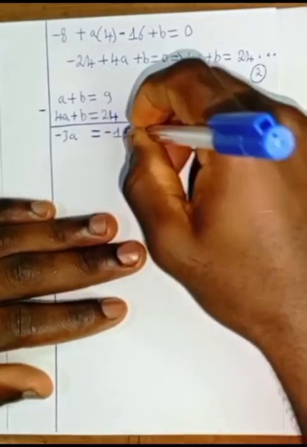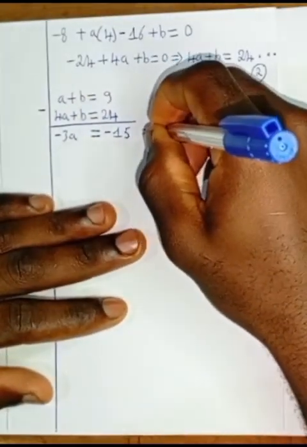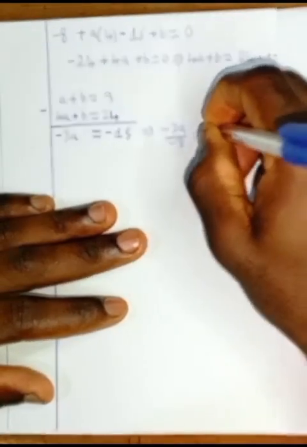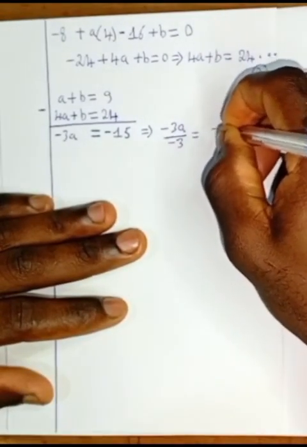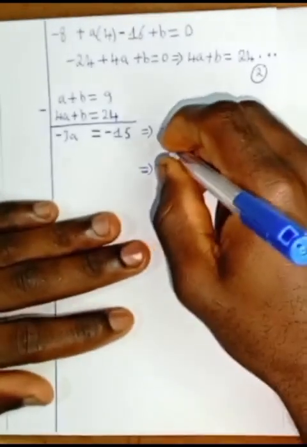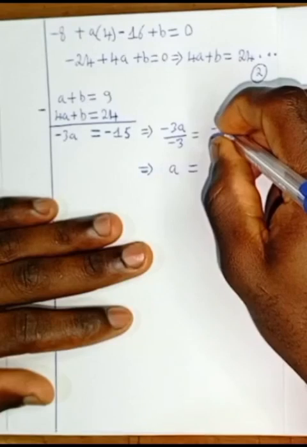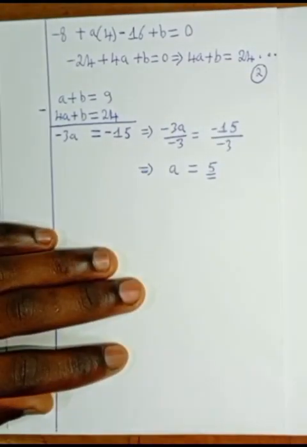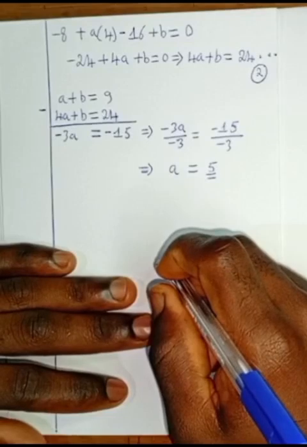Next, for us to get the value of a, we are going to divide both sides by negative 3. This will give us a to be equal to negative 15 divided by negative 3 gives us 5. By using the value of a, we can find b.